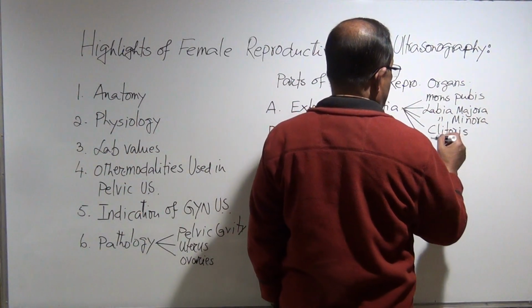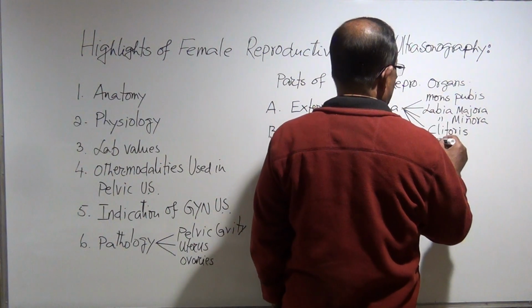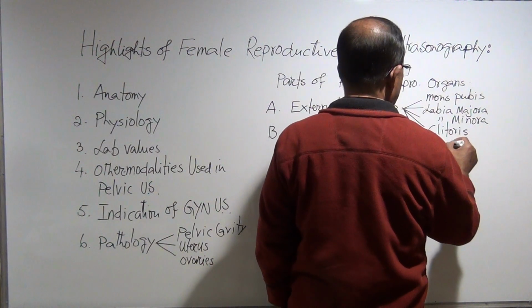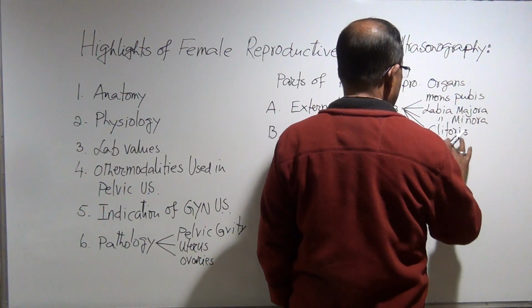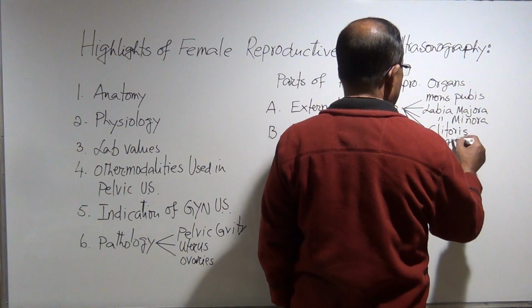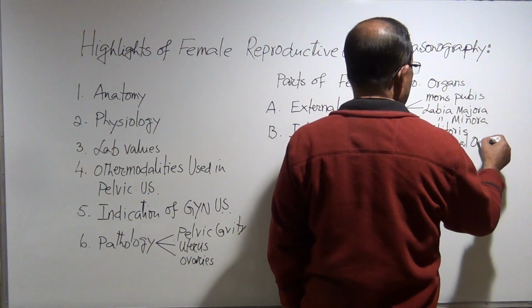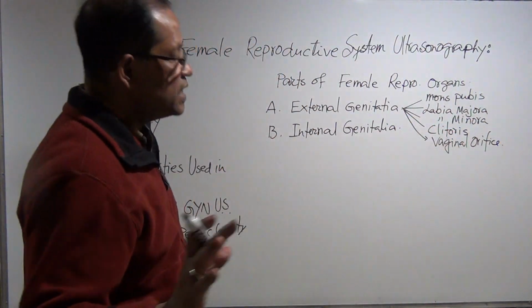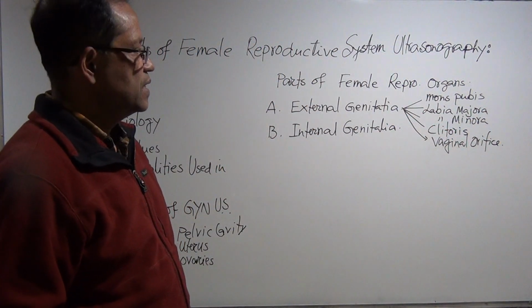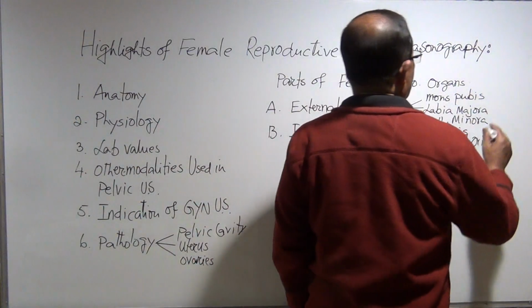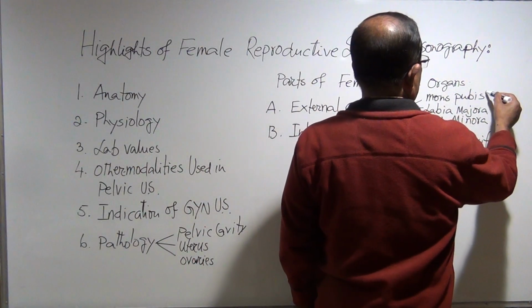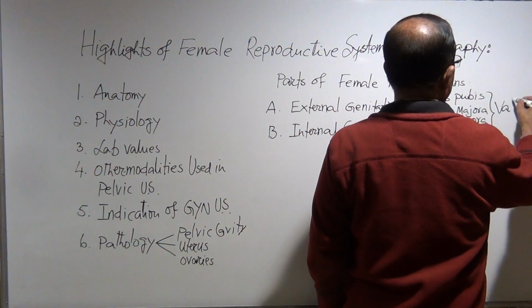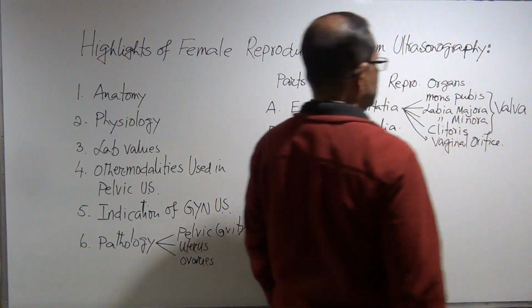You can also see the vaginal orifice, only the orifice, externally. This part is known as vulva.